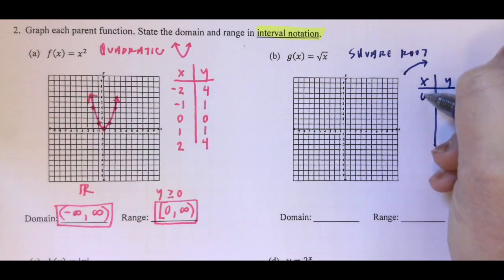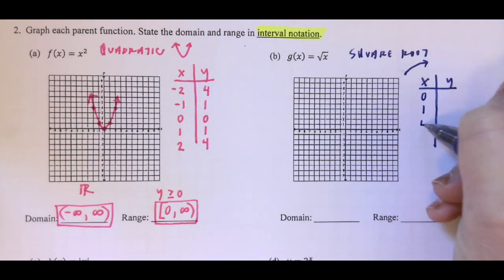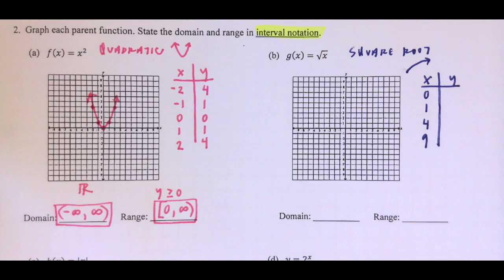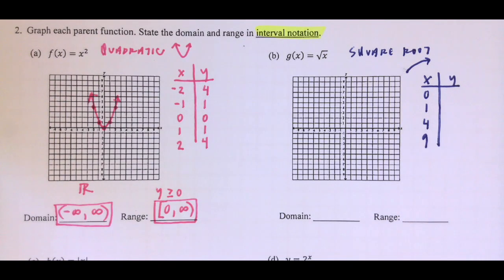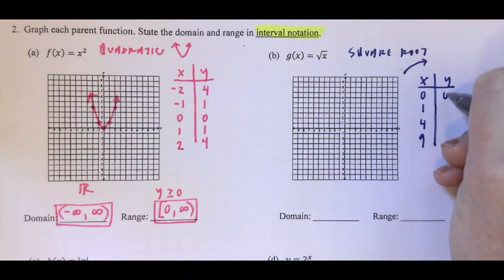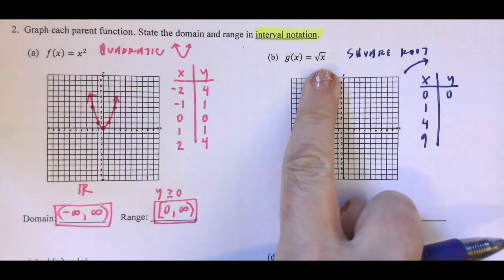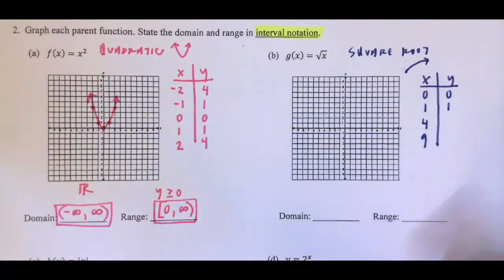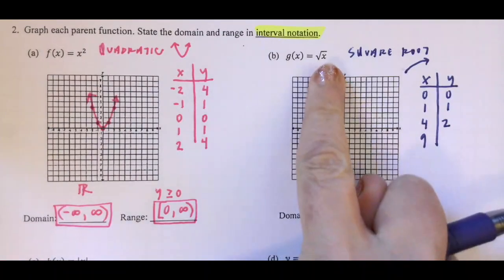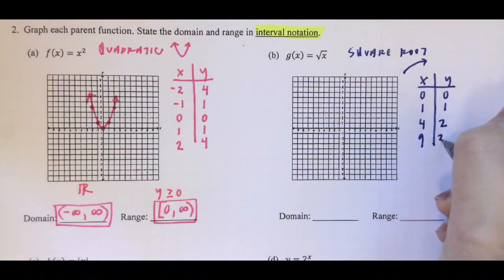So 0, 1, 4, 9. The reason we like perfect squares is because when we take the square root, it gives us a nice clean integer value. So the square root of 0 is 0. The square root of 1 is 1. The square root of 4 is 2. And the square root of 9 is 3.